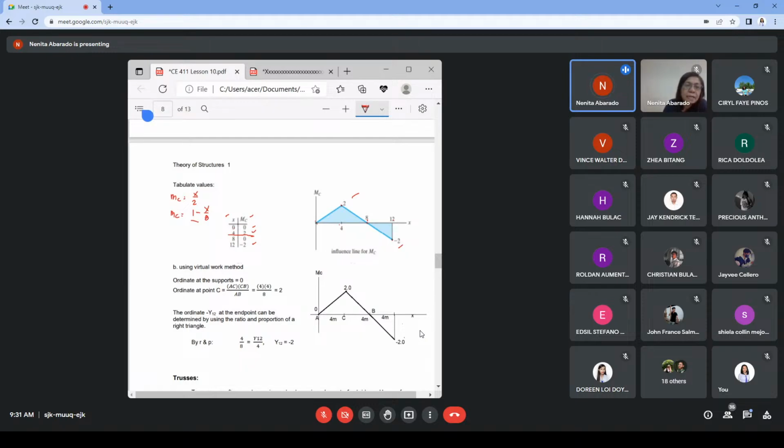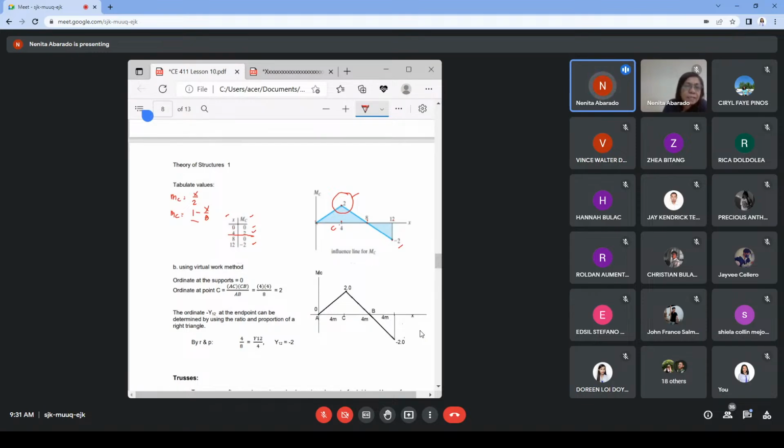Let's say at x equals 4, this is point C. Whichever equation we use, the result is still 2, unlike shear, which has negative and positive ordinates. Take note of that. Using the first equation at x equals 4, 4 over 2 is 2.